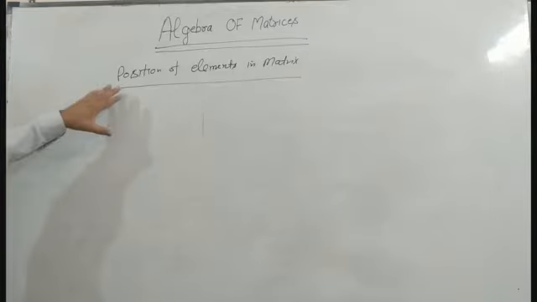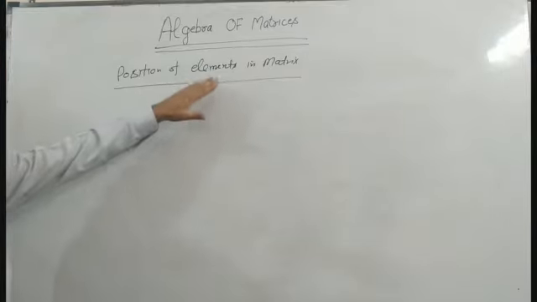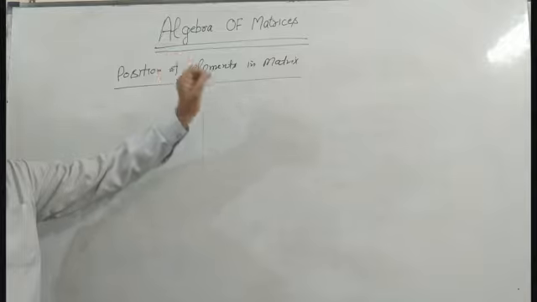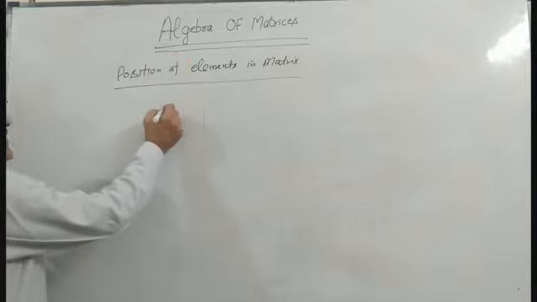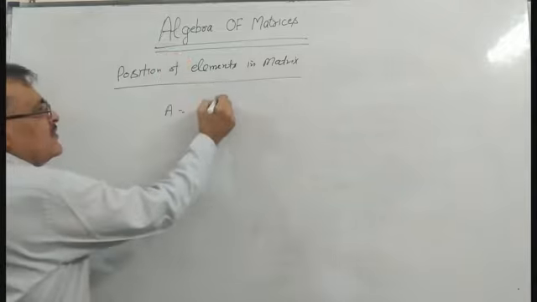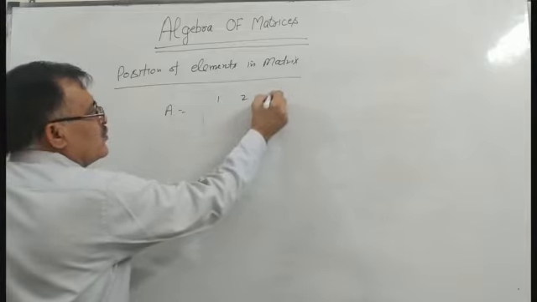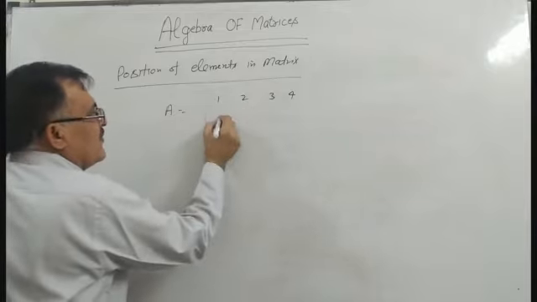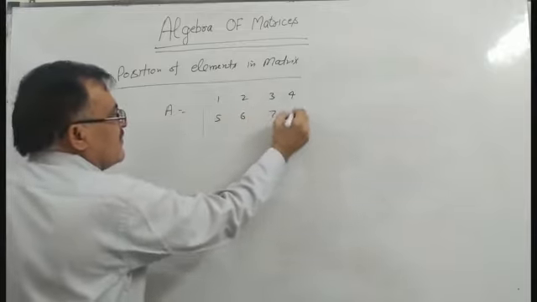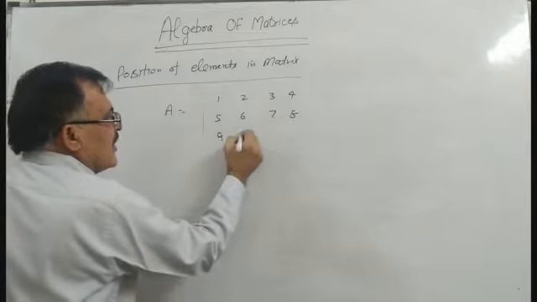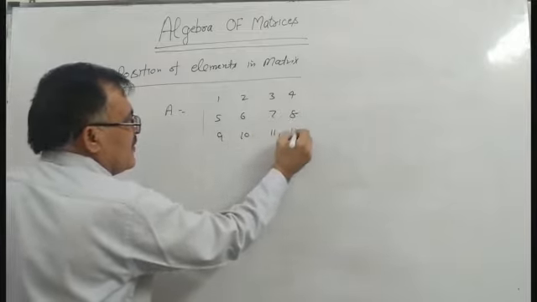Now I am talking about the position of an element in a matrix. What is the location of an element in the matrix? We take an example: 1, 2, 3, 4, 5, 6, 7, 8, 9, 10, 11, 12.